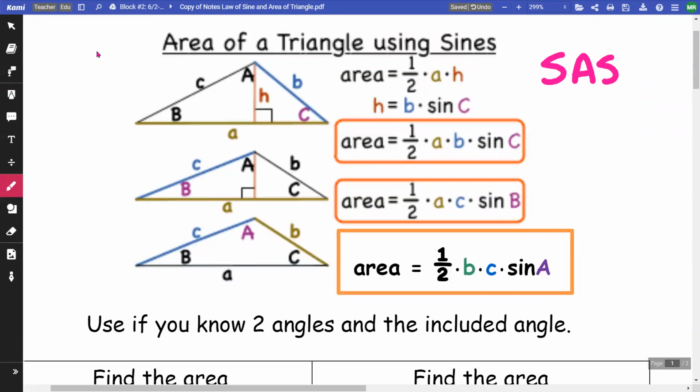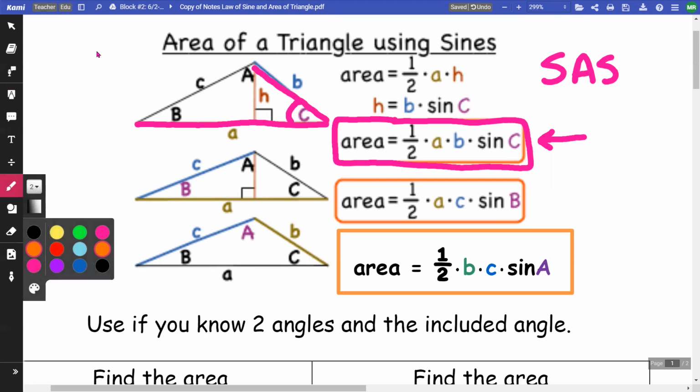If I'm looking at this particular situation with the first triangle, let's say we know angle C. I need to know the two sides that form that angle, little a and little b. Then I use the formula 1/2 side A times side B times sine of angle C, where angle C is in between those two sides.